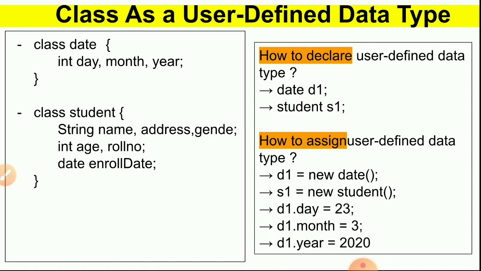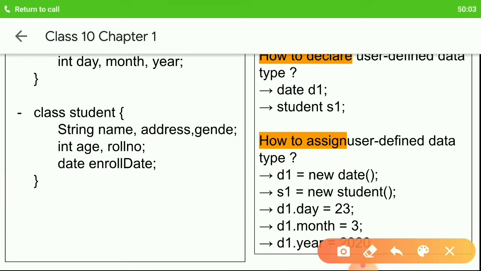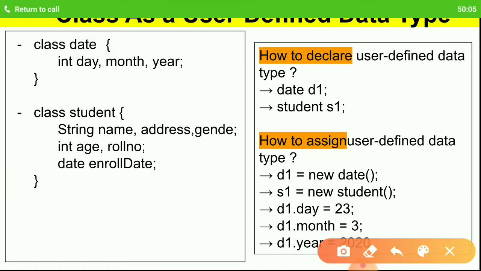When you create a class, you are creating your own data type. Remember this: when you are creating a class, you are creating a user defined data type, your own data type. So I have created a class Date here, and this Date class has got three instance variables. They are day, month and year.